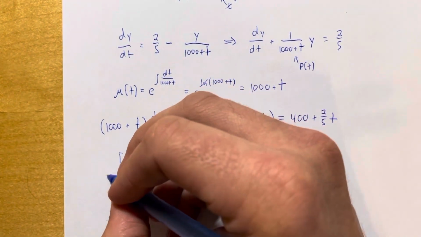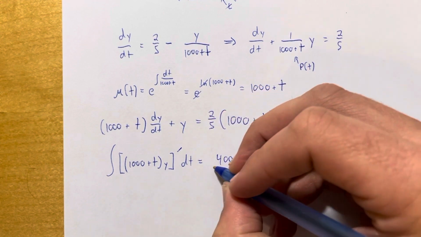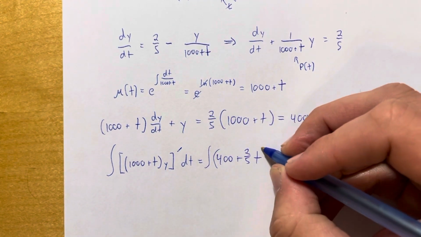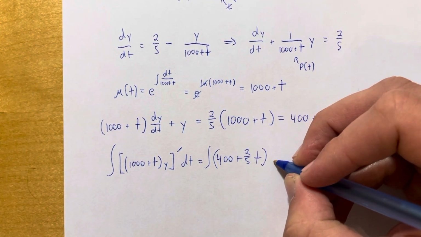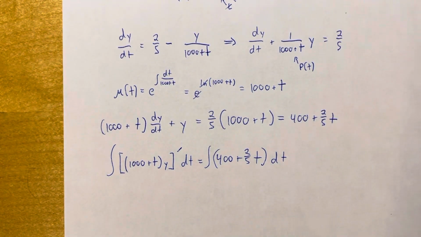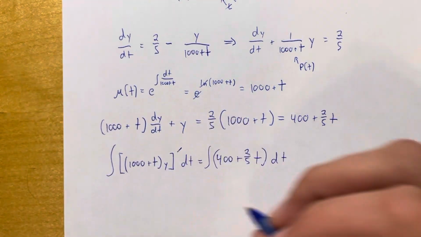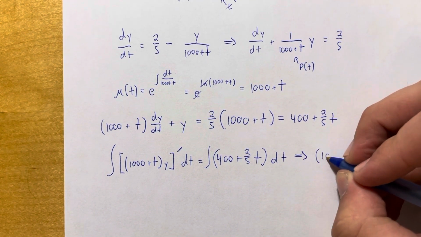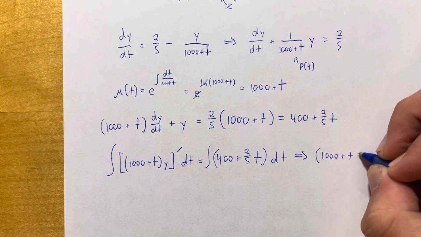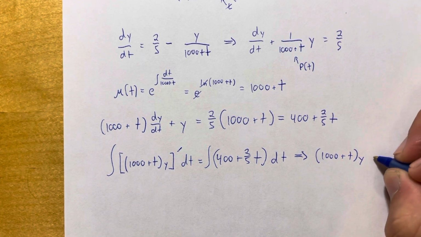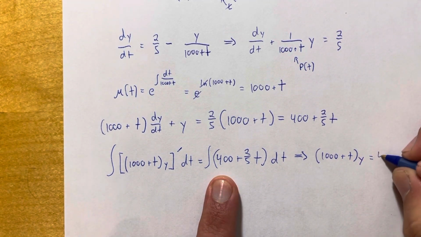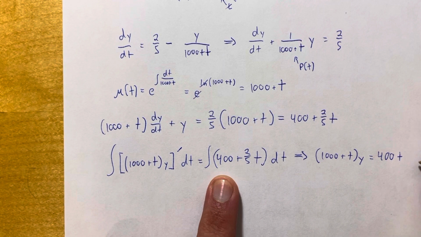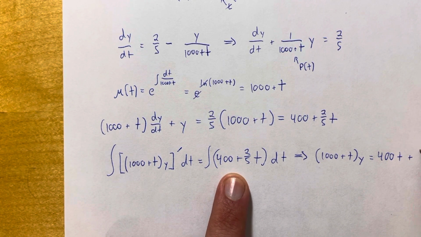Now is the step where we integrate both sides, this time with respect to t. Make sure you put parentheses around these because there's more than one term there. That is going to give me 1,000 plus t, y equals, this is a pretty straightforward integral, 400t plus 1/5 t squared plus c.